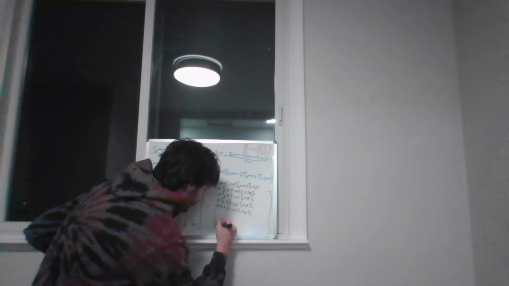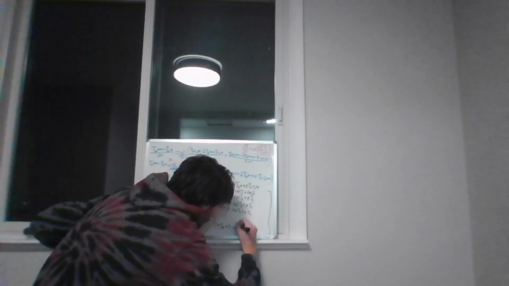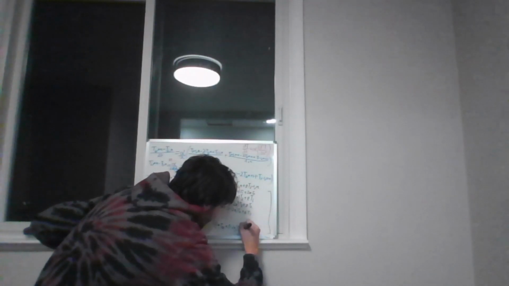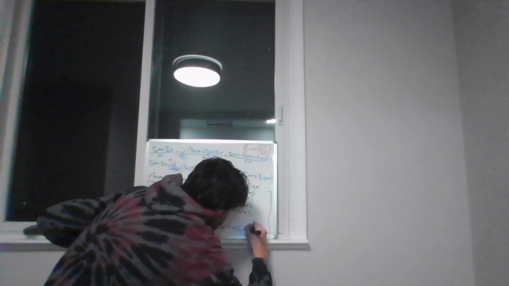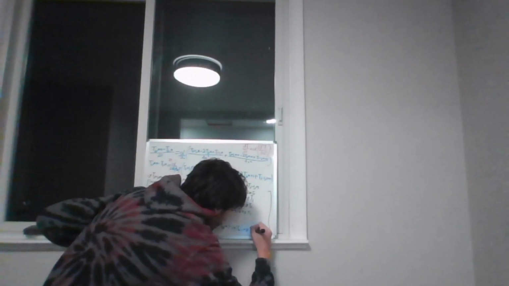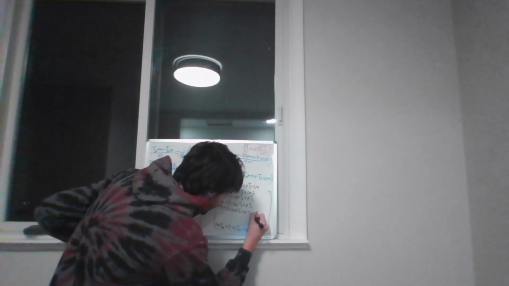So we have 2z of T n, and then plus 1 minus 2z of T n minus 1 plus z of T n minus 2, right? This looks like 5, should be a 3. All right.